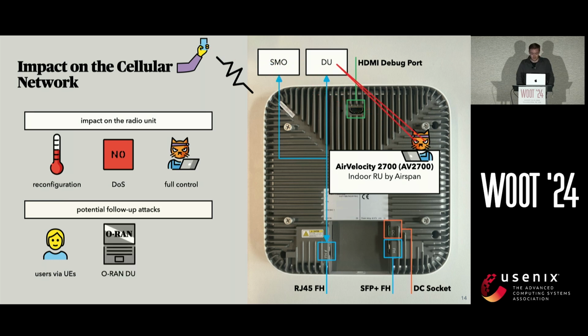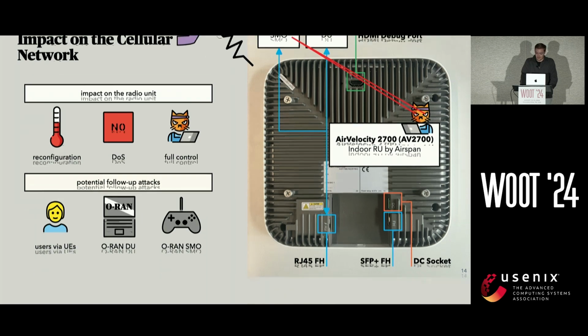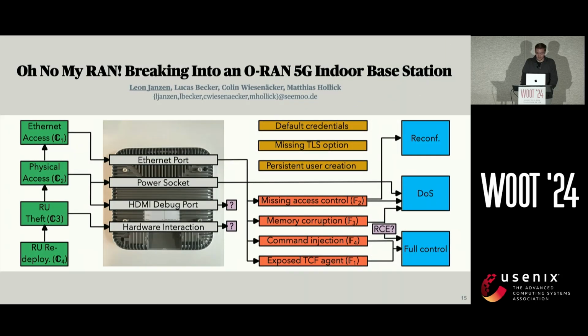They might also try to escalate in the direction of the core network. The next step would be the distributed unit, and from there, potentially escalating to the central unit and so on. Or they might go to the place where AI happens and attack the SMO.